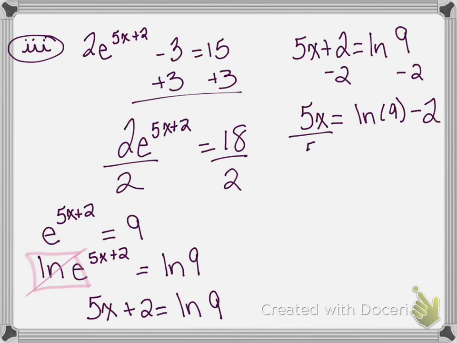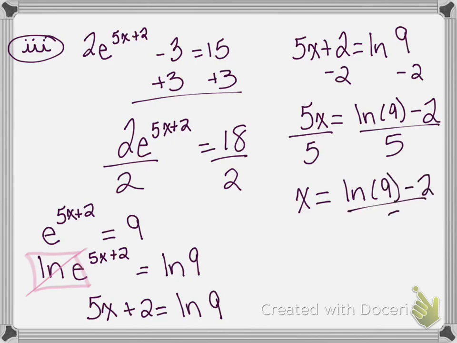Now I'm going to divide both sides by 5. And so my answer is x equals the natural log of 9 minus 2, and all that's in my numerator, over 5. And again, I want to talk about keystrokes, and you've got to keep everything in that numerator together. So keystrokes, I'm going to have the natural log.